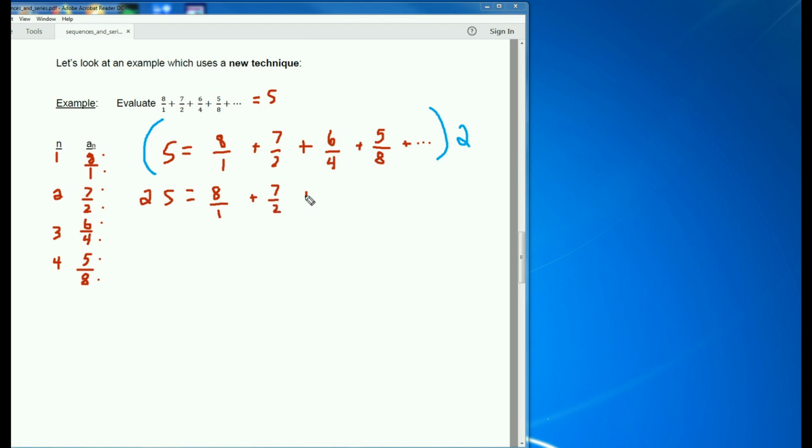Leave a little space in between your terms, because we're going to go back and pencil something else in. I'm going to multiply each term by 2, just like that.